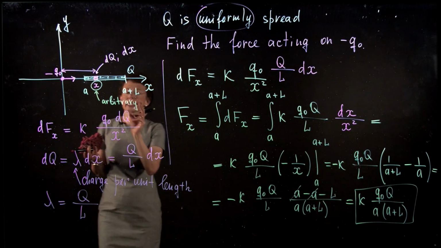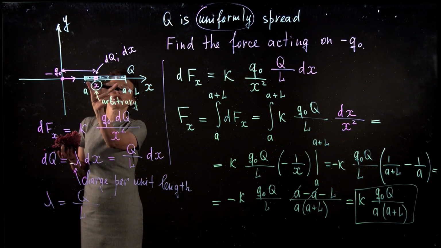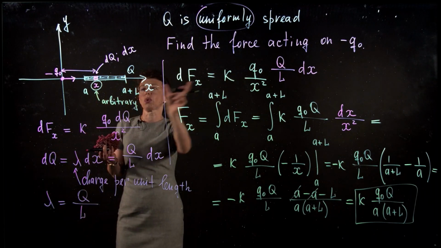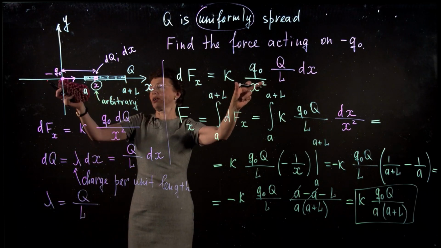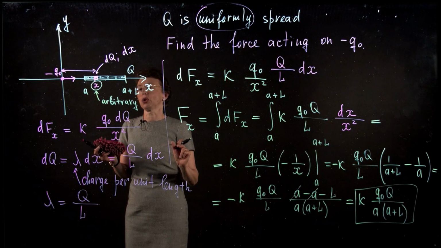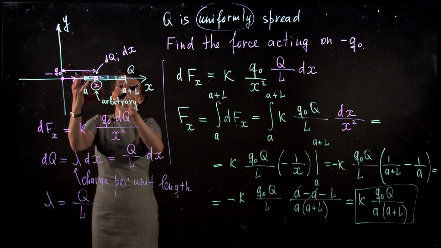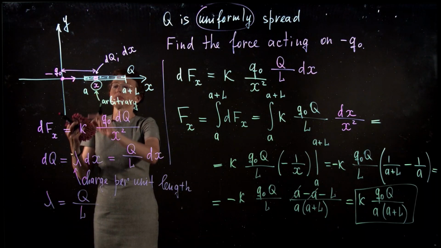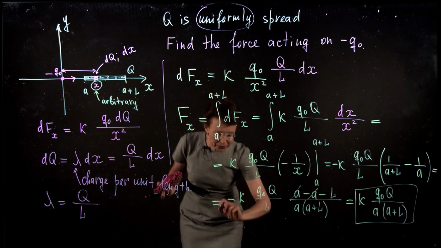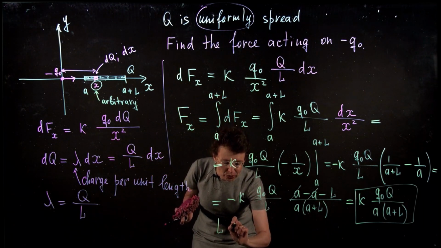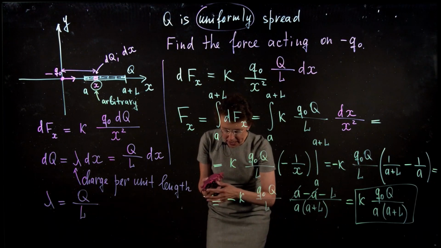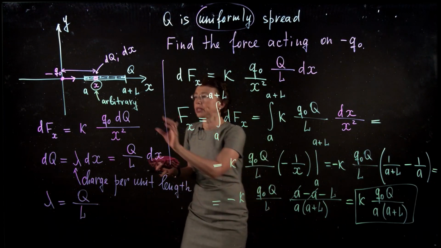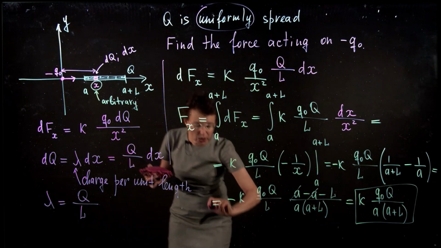Now, let's consider the situation when this rod, this charge q, is far away from charge minus q naught, which means that L, the length of the rod, is much smaller than a. So we will consider this special situation when we bring this rod far, far away.